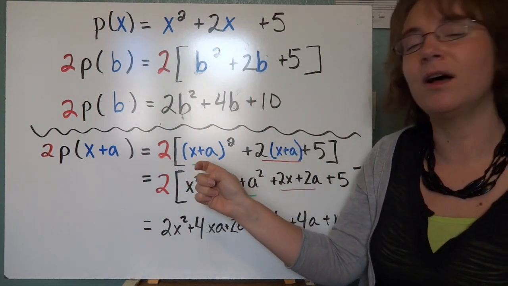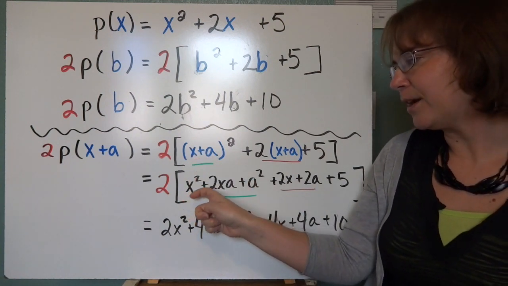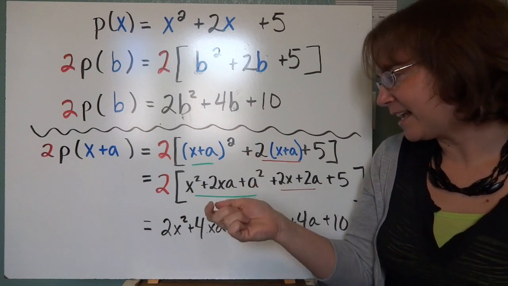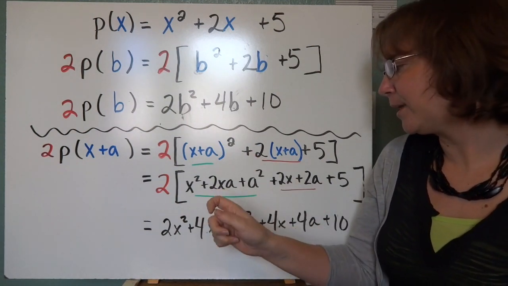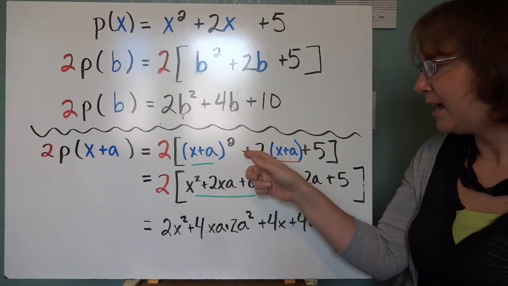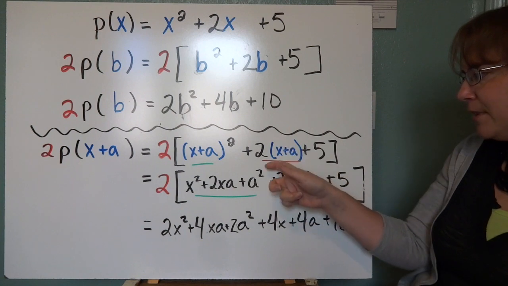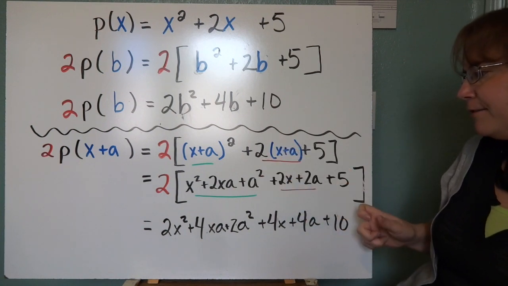And then I go ahead and do all of my calculations. X plus a times x plus a is x squared plus 2xa. I have an xa and an xa, I combine to form a 2xa, plus a squared. And that's x plus a squared. And then 2, distribute that 2. I have a 2x plus a 2a from this right here, and then plus a 5.